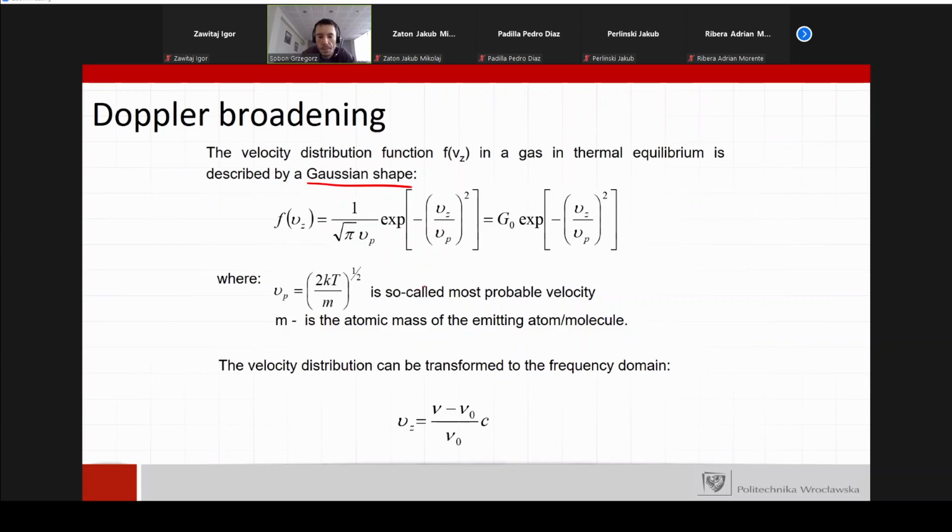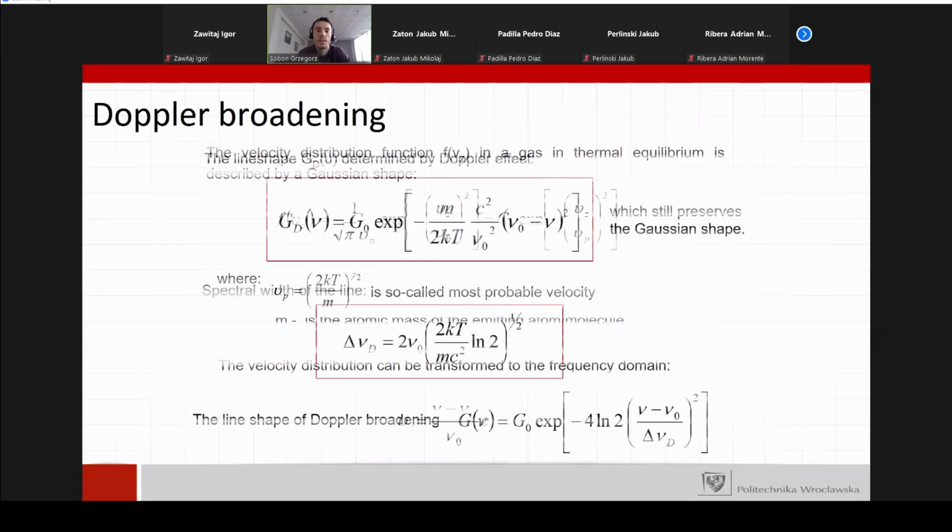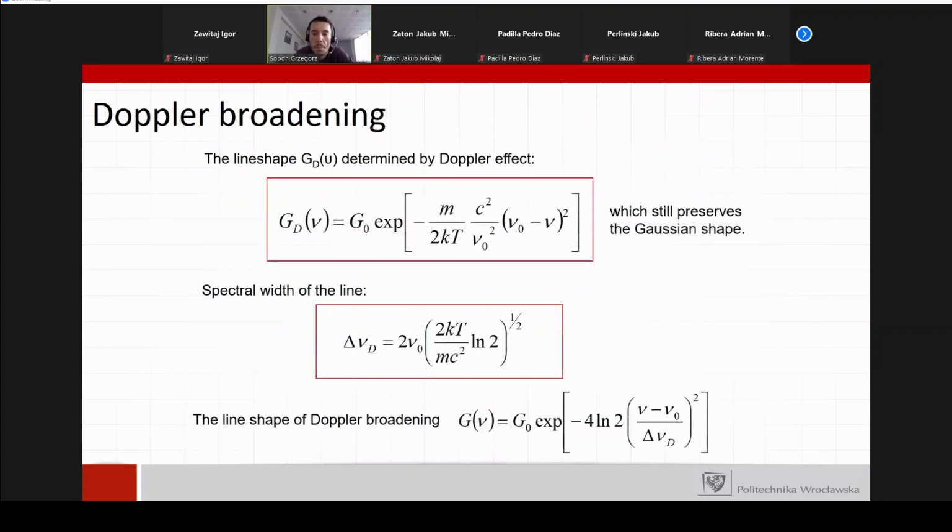So we define something which is called the most probable velocity and some velocity distribution in the frequency domain. But maybe I will skip these ugly formulas for you. But the most important thing here is that the line shape determined by the Doppler effect is Gaussian, and the spectral width of the line is described by this formula.